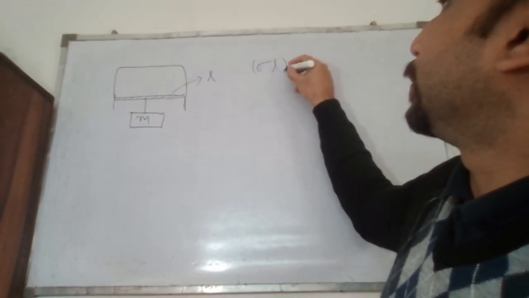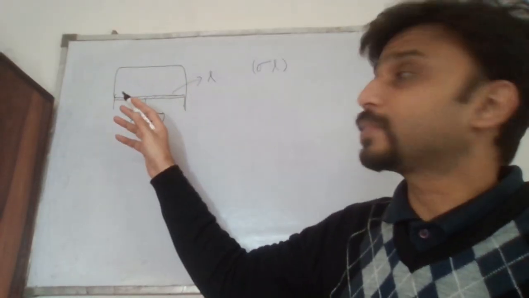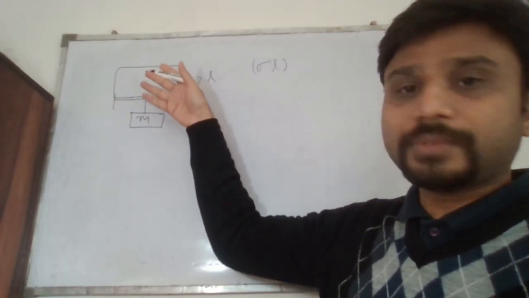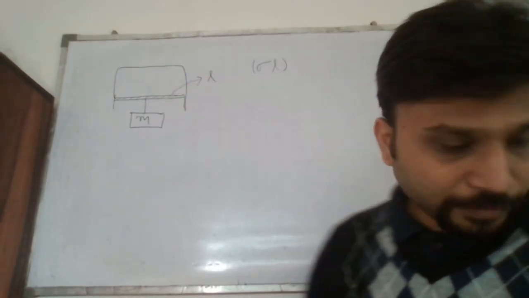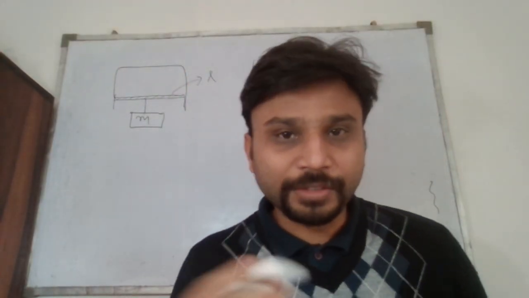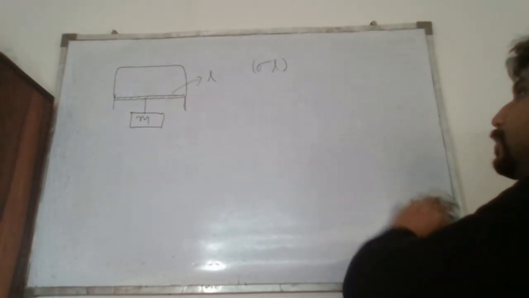So sigma into L is the force exerted by one surface of the soap film on the slider. Layer is the wrong word, surface is the right one.